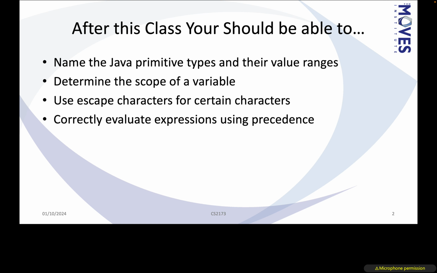So there are 8 Java primitive types, and they have different value ranges. It is important to understand that, usually at the edge, for most programming, it doesn't necessarily come into play. Where it mostly comes about is when we're trying to represent, say, very large numbers.